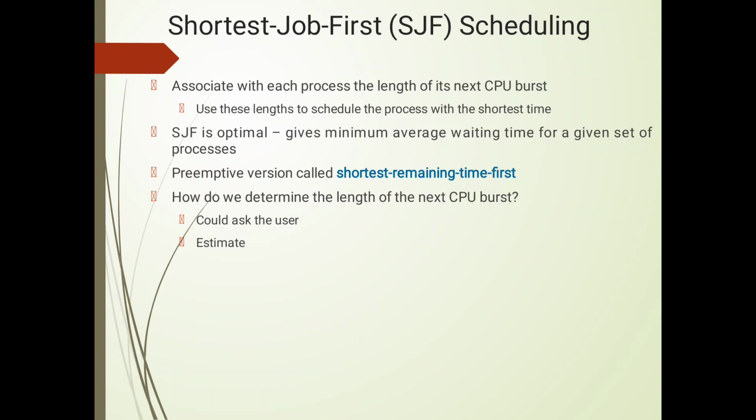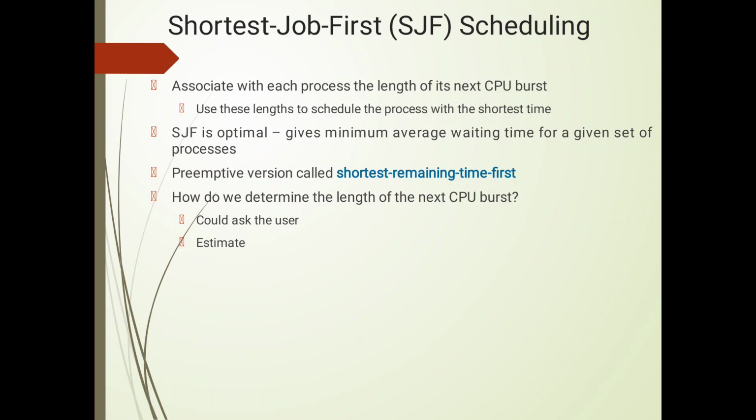Its average waiting time is 7. Here the processes are executed based on the burst time, lowest first. P4 is the lowest, so it is executed first. Afterwards, in this order, P1 is executed next, then P3, and finally P2.